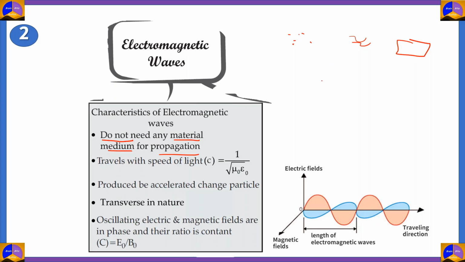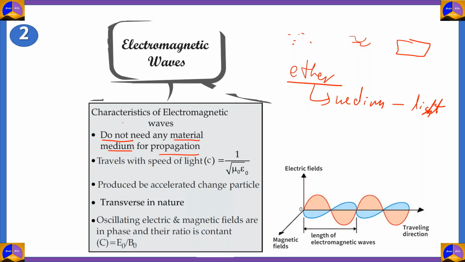Earlier scientists who were familiar with sound made a proposition that the whole universe was made of ether, and this ether was the medium for conducting light and electromagnetic waves. However, this was later disproved, and now we know that electromagnetic waves do not need any material medium for propagation. Light can pass through vacuum as well.